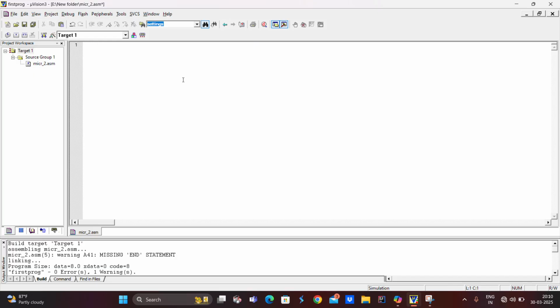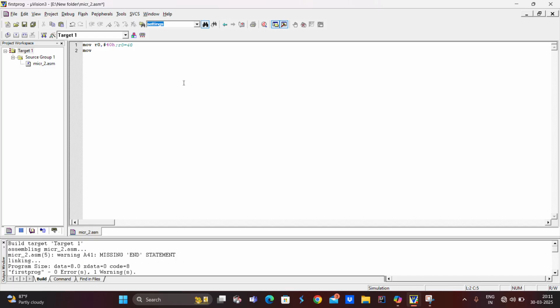First I am going to make two instructions. One instruction is going to be MOV R0, #40h. So what is this instruction doing? Let us comment it also. This instruction makes R0 equal to 40 in hexadecimal.